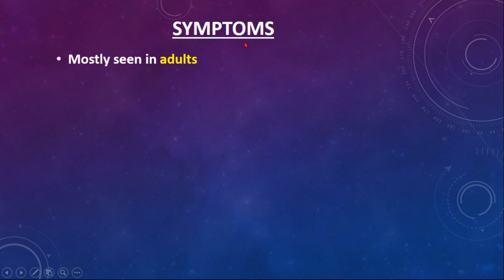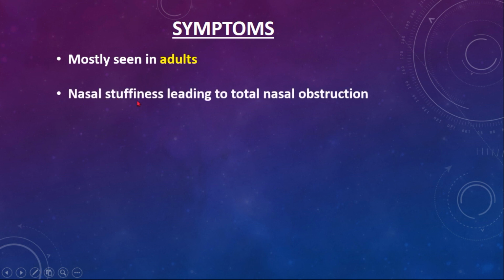What are the symptoms? Symptoms of bilateral ethmoidal polyps are different from the antrochoanal polyps. Mostly symptoms occur in adults: nasal stuffiness leading to total nasal obstruction, because these are bilateral.